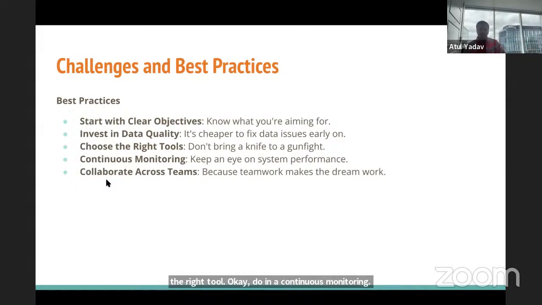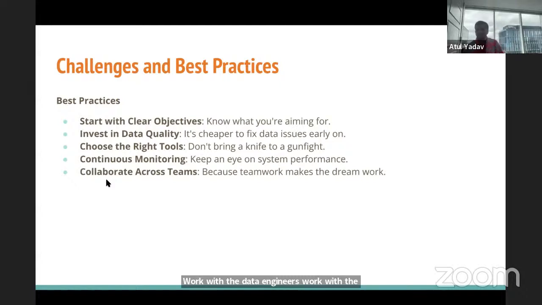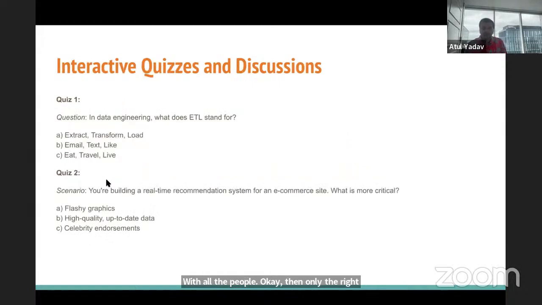By collaborating with different teams, I mean work with the data engineers, data scientists, ML engineers, product owners, the testing team, development team, and infrastructure team. The team needs to work collaboratively with all the people. Then only the right application or the right tools can be developed.